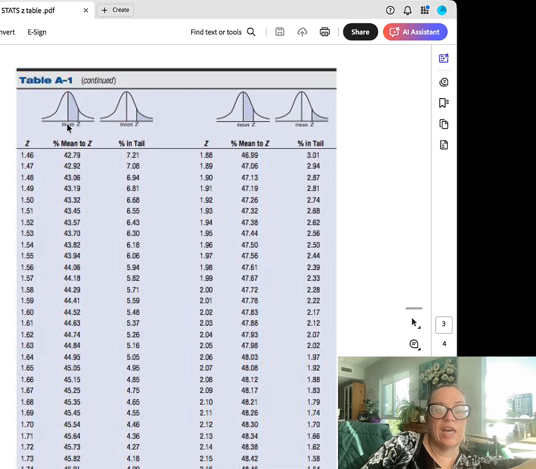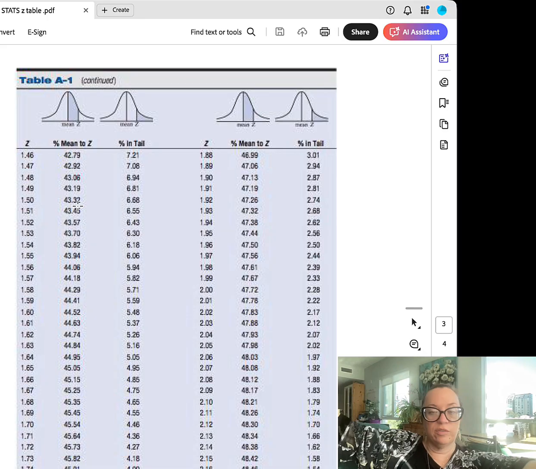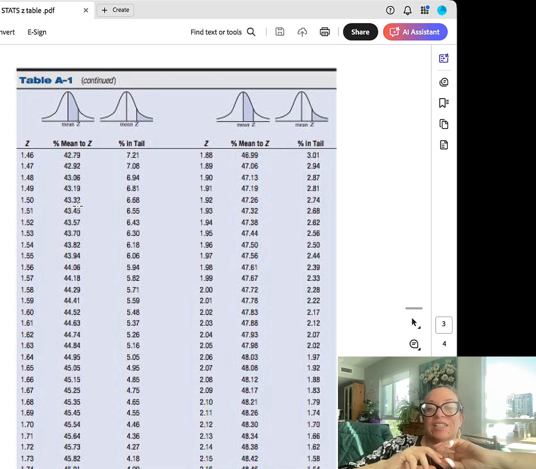Then we need to add the amount of scores between the mean and your z, which was 43.32%. Add those together, that's 93.32% of the entire distribution falls below that z-score.